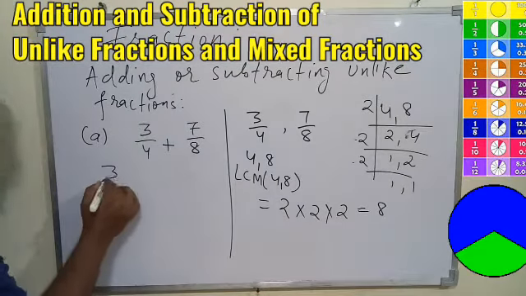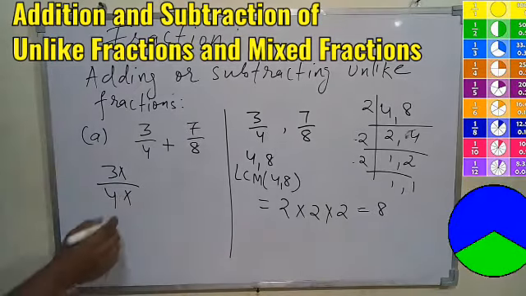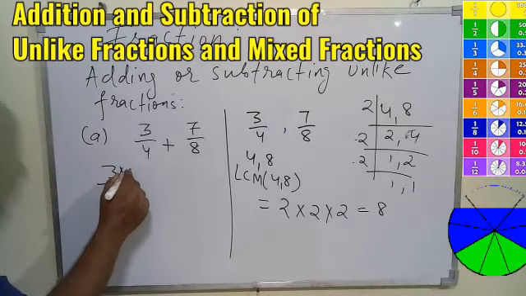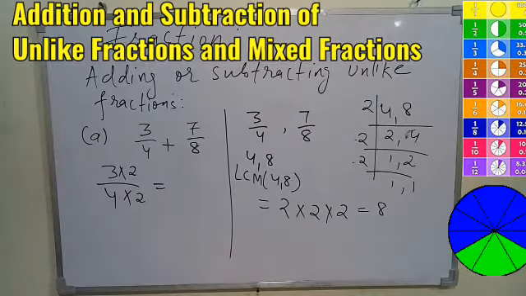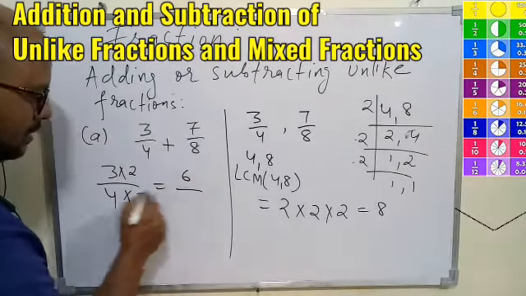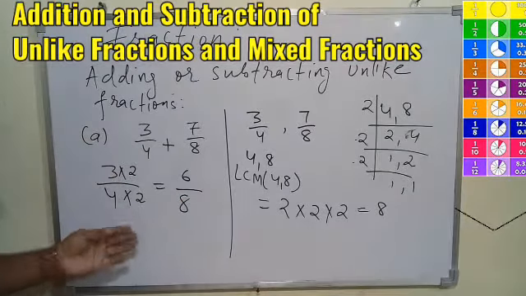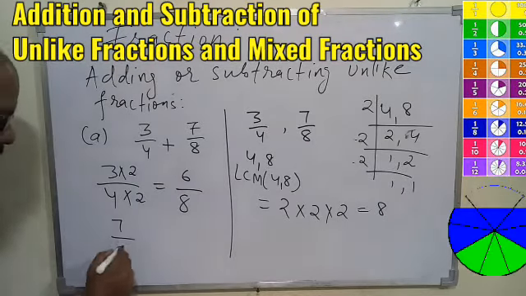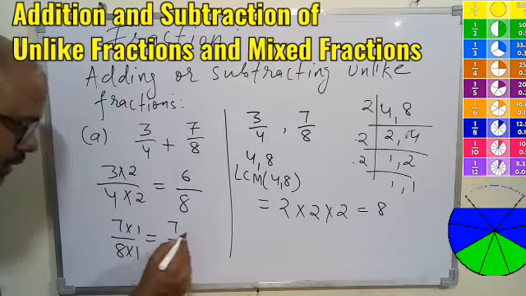We have 3 by 4, and how to make this 4 as 8? If you multiply 4 by 2, it will become 8. And if you multiply by 2 in the denominator, we must multiply the same in the numerator also. So 3 into 2 is 6, 4 into 2 is 8. So we got 3 by 4 equal to 6 by 8, and 7 by 8 multiplied by 1 will remain 7 upon 8.